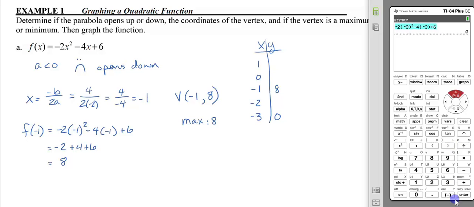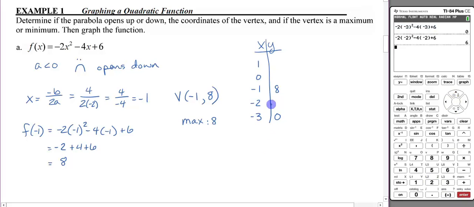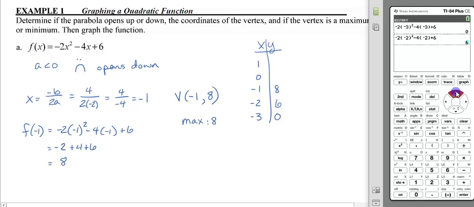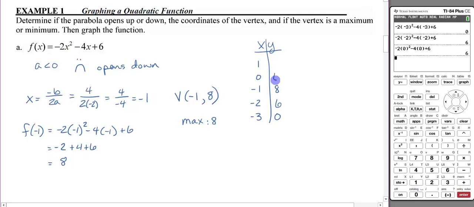Remember, you can go up, copy that expression, replace the negative 3 with the negative 2, and I get 6. Again, we can copy that expression and replace with 0, and I get a 6.